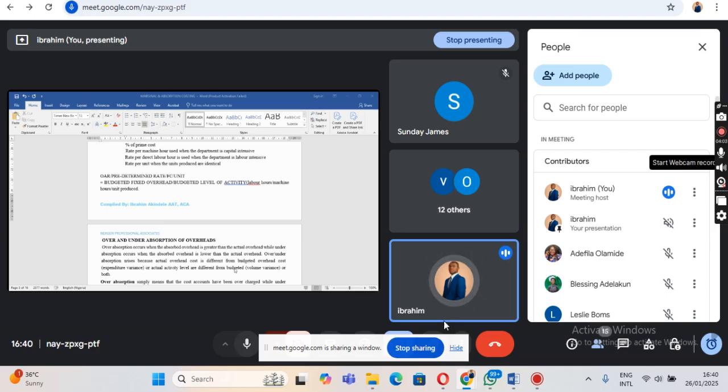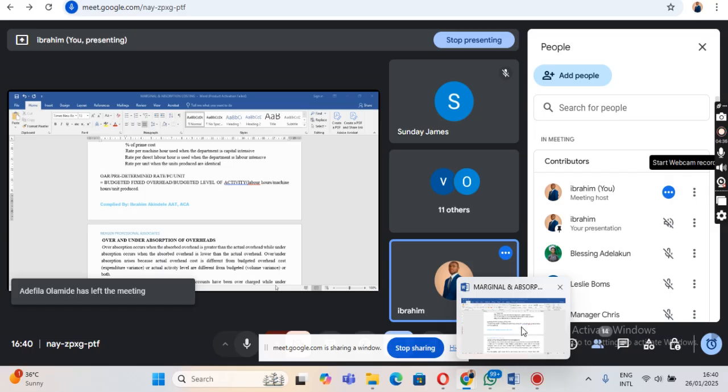Then when your overhead absorbed is less than the actual overhead, you treat it as under absorption, and this is treated as an expense. You will appreciate this more when we get to variance analysis, and you will understand why it is over and why it is under when we start the format of absorption costing. Class, am I communicating, please?